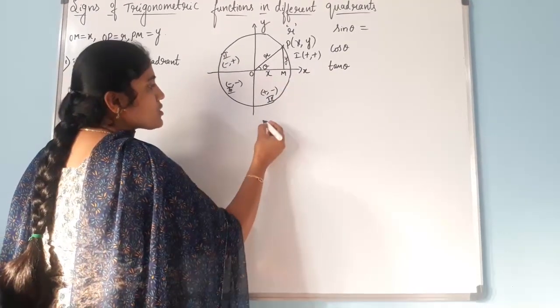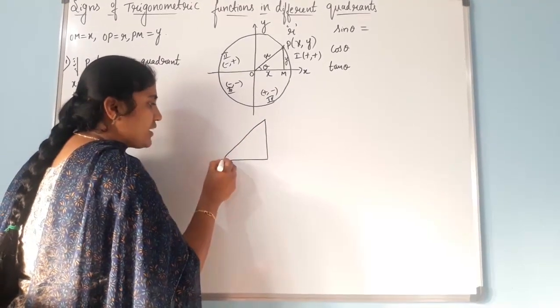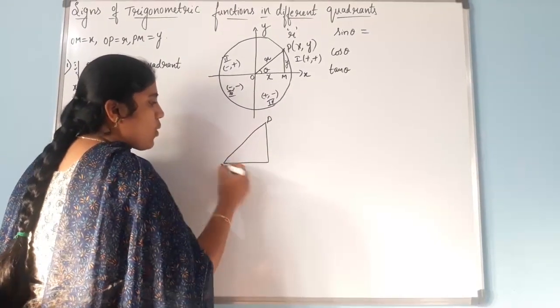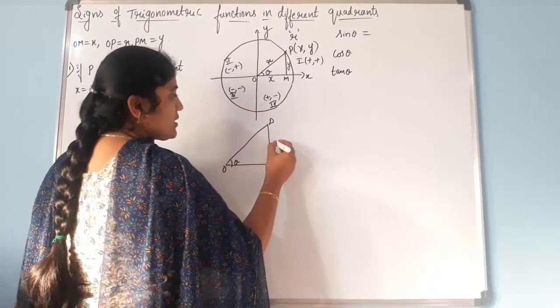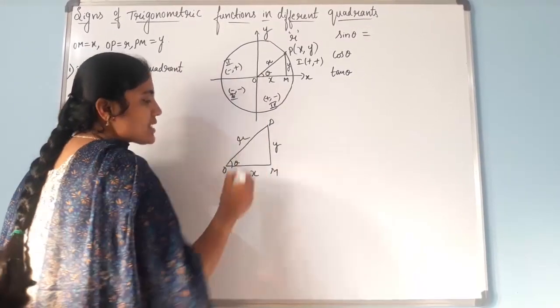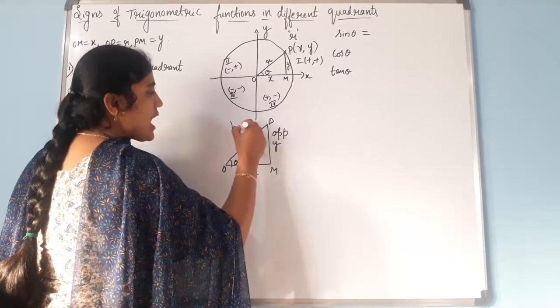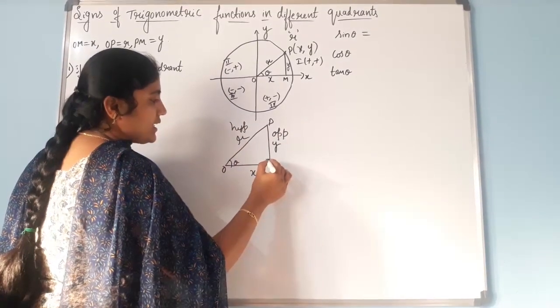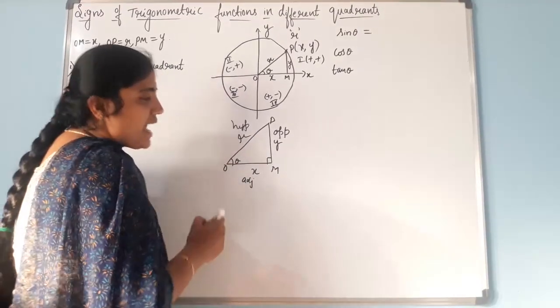See here, right angle triangle POM. This is angle theta. Opposite to the angle is the opposite side, with length y. This is radius r, the hypotenuse, because it is opposite to the 90 degree angle. The remaining side we take as the adjacent side.